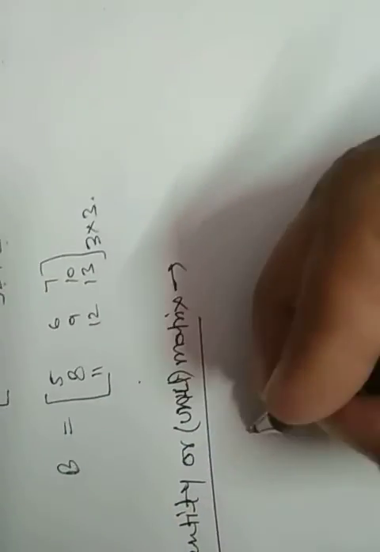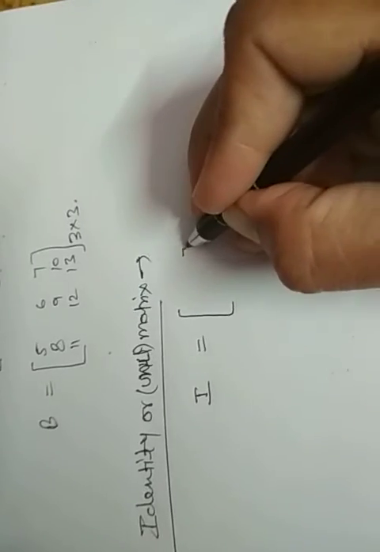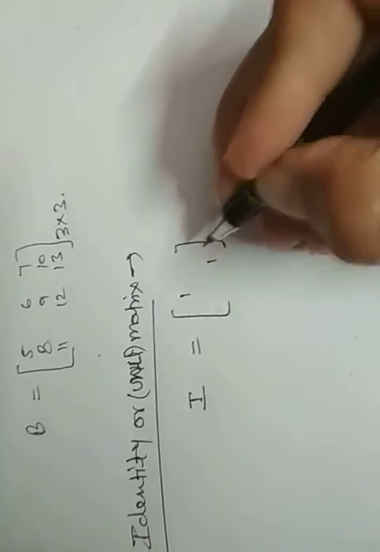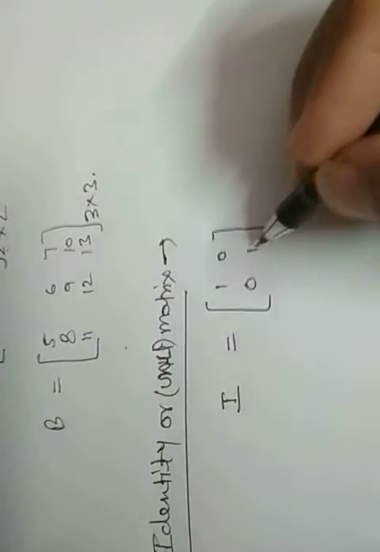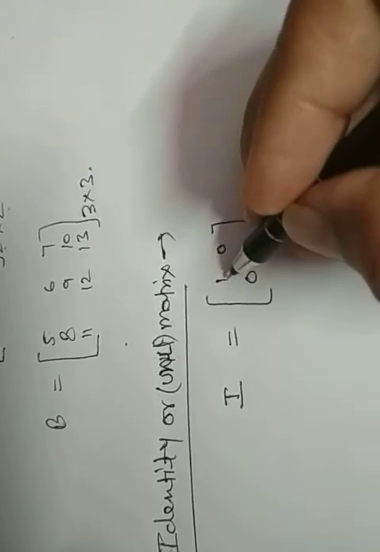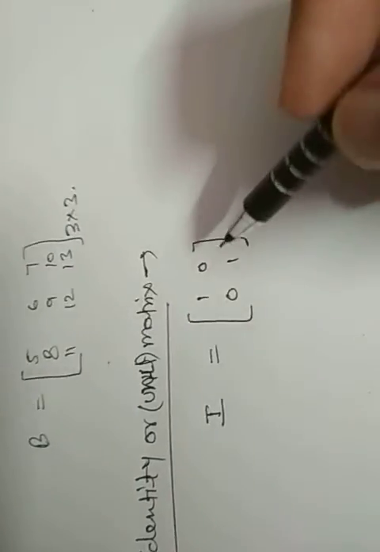This is simply denoted by I, in which main diagonal elements are 1 and other elements are 0. It is a square matrix, also called diagonal matrix. It is always a square matrix, either of order 2 by 2 or 3 by 3. That is in your course.